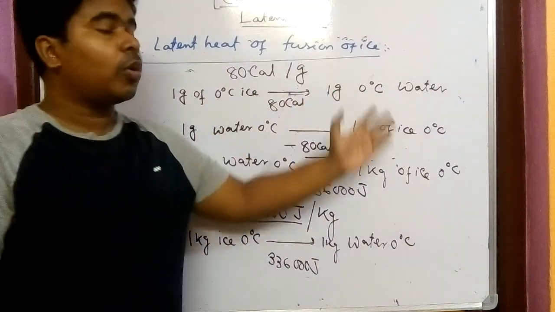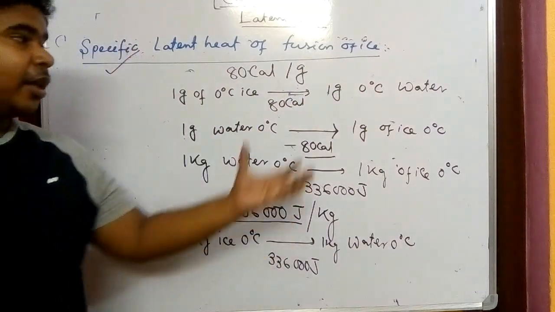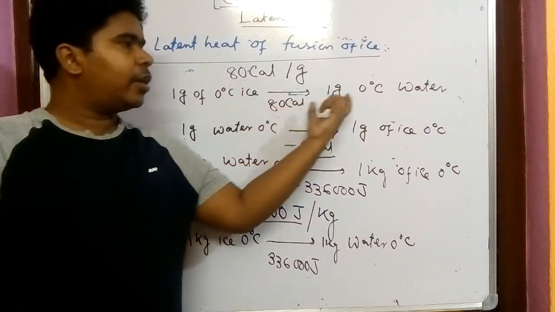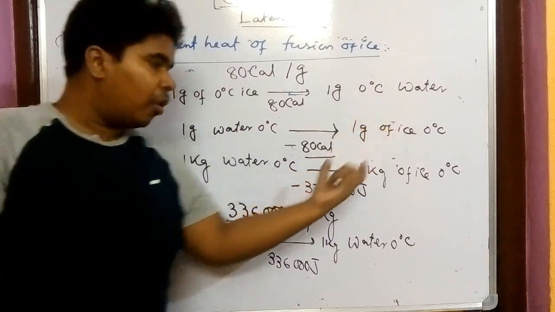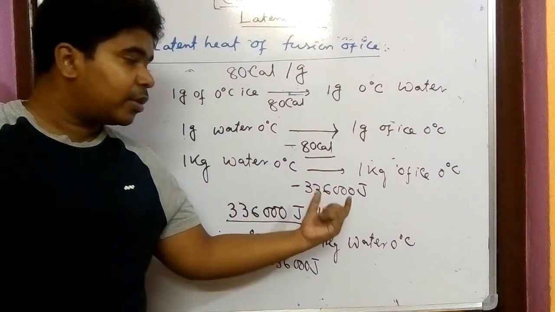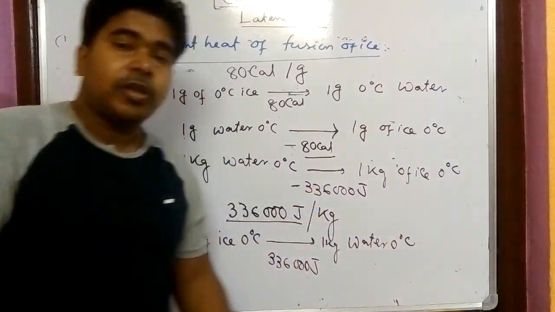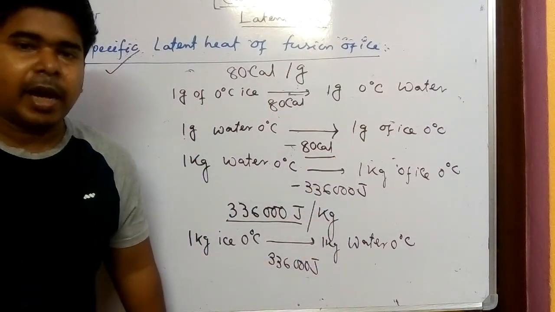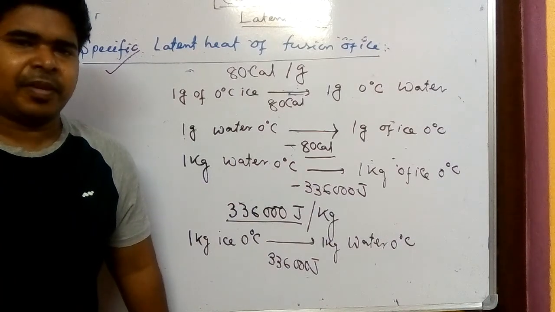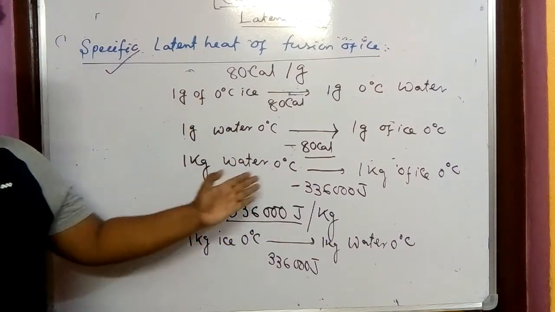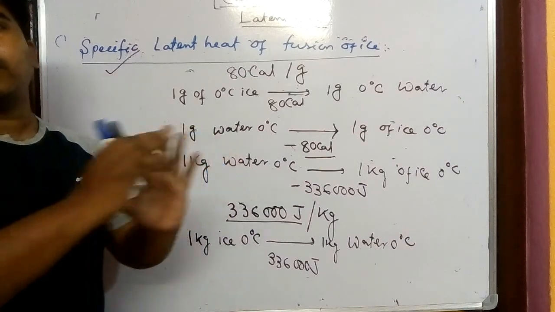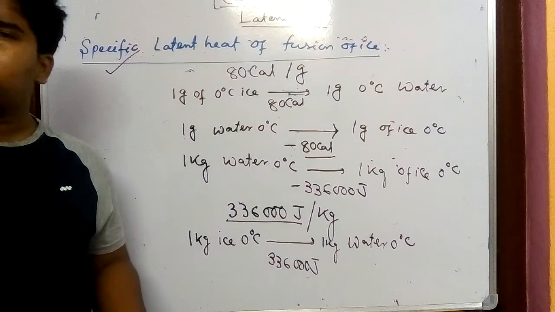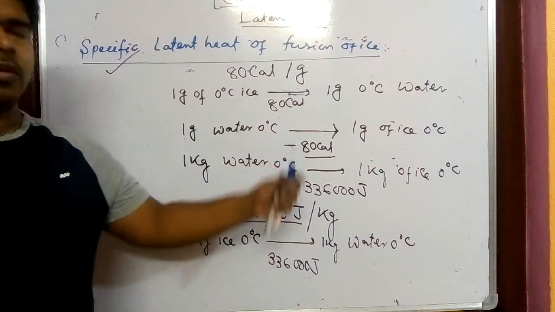And 0 degree centigrade water will absorb 80 calorie of heat, so extra 80 calorie of heat per gram, or 336,000 joule of heat per kg, extra heat energy is there for water at 0 degree centigrade. But for ice, this heat energy has been extracted from it. So ice at 0 degree centigrade is cooler than the water.